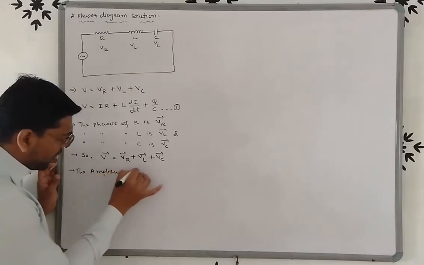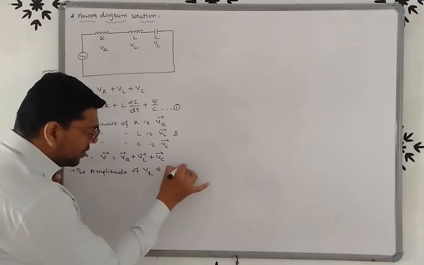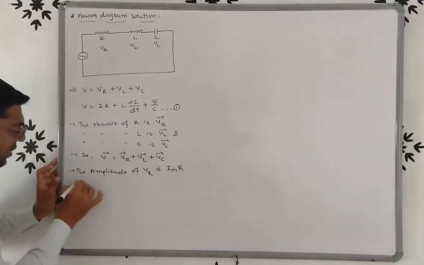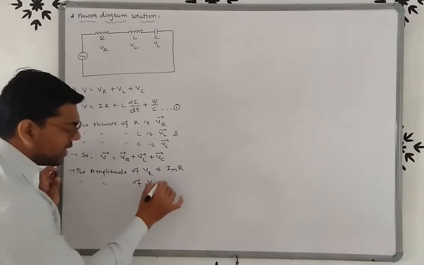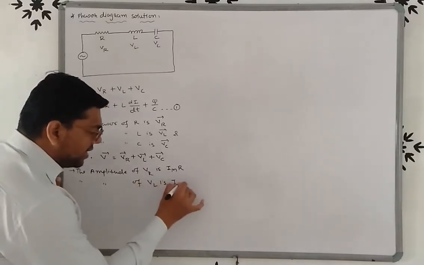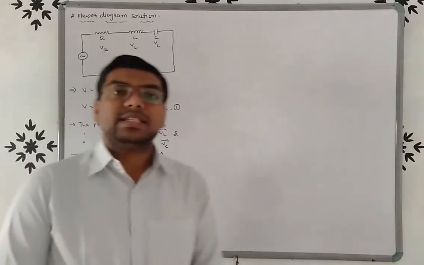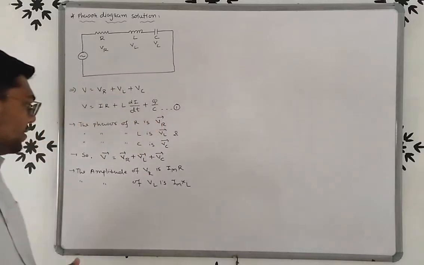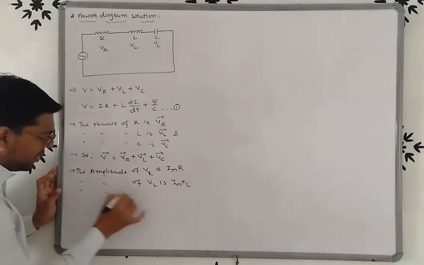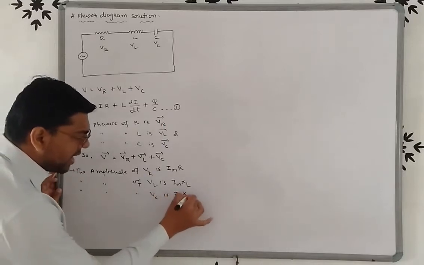The amplitude of VL is Im into XL, right? Where this XL is known as inductive reactance, right? And the amplitude of VC is Im into XC, right?